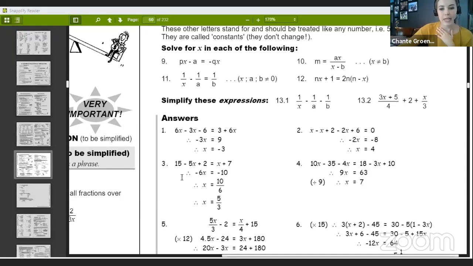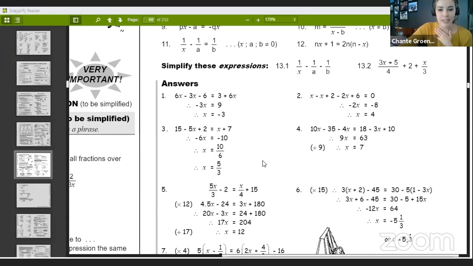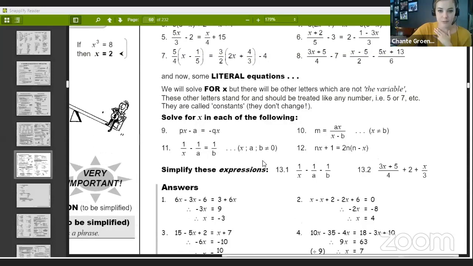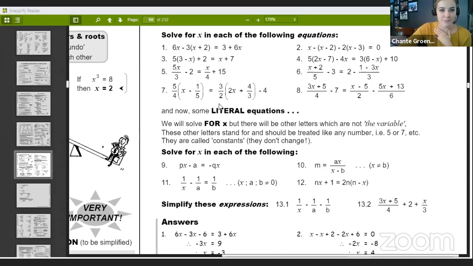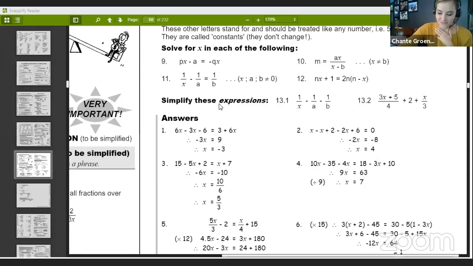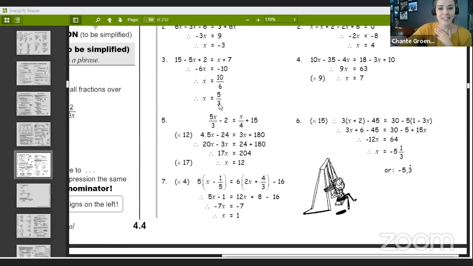Okay, let's look at 7. 7 seems as if it gave everyone a hard time. Okay, here is 7. So what do I want to do? First of all, guys, what do I do first? I times everything in.